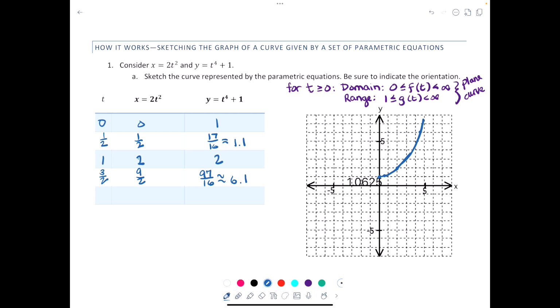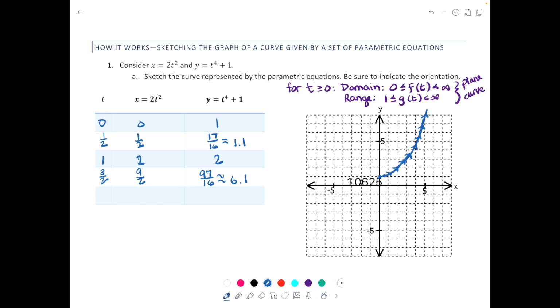I've seen graphs like this before, but we know a direction now. So as t gets larger, our graph will continue to increase. Good, good? All right, excellent.